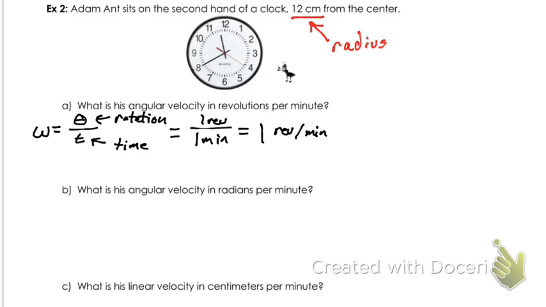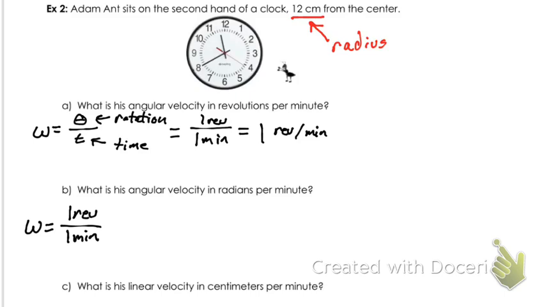Our next one asks, what is his angular velocity in radians per minute? All right, so let's go back to where we are right now. We are at revolutions per minute. So we have our angular velocity is 1 revolution per 1 minute. Okay, so we have to get from revolutions per minute to our radians per minute. Well, 1 revolution is just 2 pi. 2 pi is 360, 2 pi is 1 revolution.